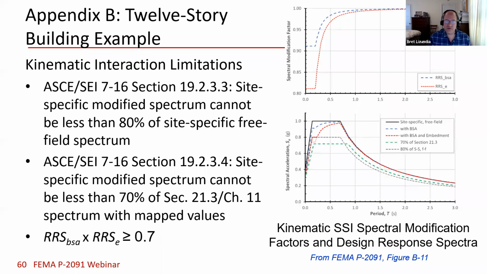So you can only take advantage of a 20% reduction, and then you can't modify your site-specific below 70% of the mapped values. That's to make sure somebody didn't go too far away from what USGS has in there. And then there's a third thing: the resulting modifiers from those two effects can't be less than 0.7.